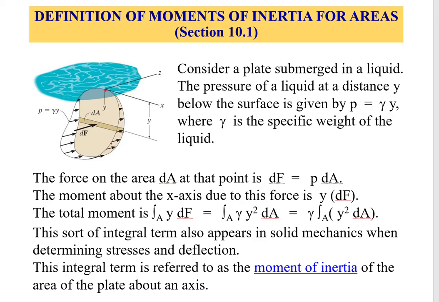However, the pressure will depend on the multiplication of the specific weight by y, the depth, where the specific weight unit is Newton per meter cubed. When you multiply it by y, it gives you Newton per meter squared, which is a unit of pressure. So another way of saying it is that gamma multiplied by y gives you a pressure, and that pressure is a function of y.